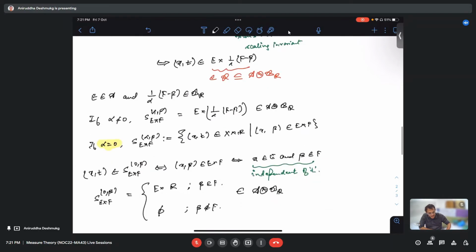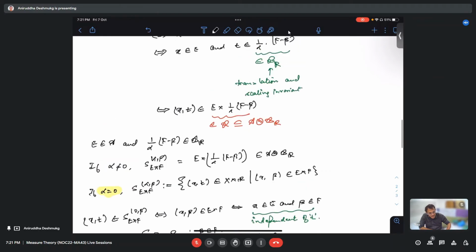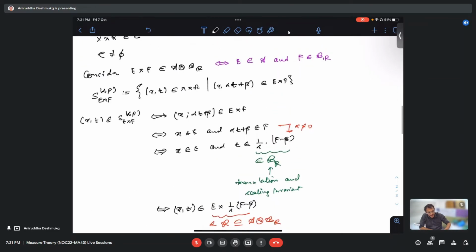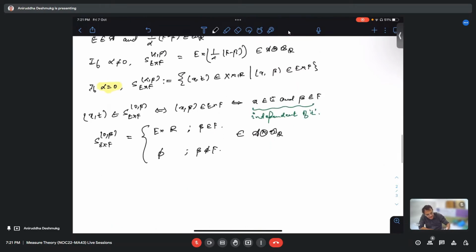So all in all, what we started with is a rectangle E cross F. We proved that S of E cross F alpha beta is always inside A cross B. Let me write it. For a rectangle E cross F, S of E cross F alpha beta is inside A cross BR for every alpha beta.